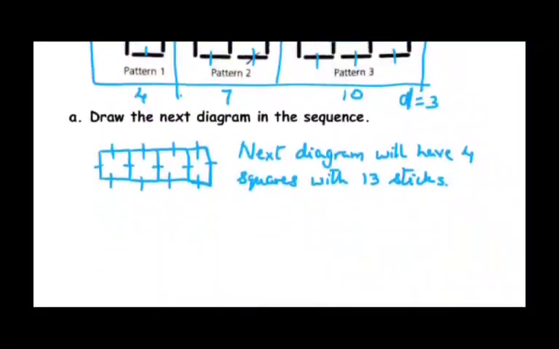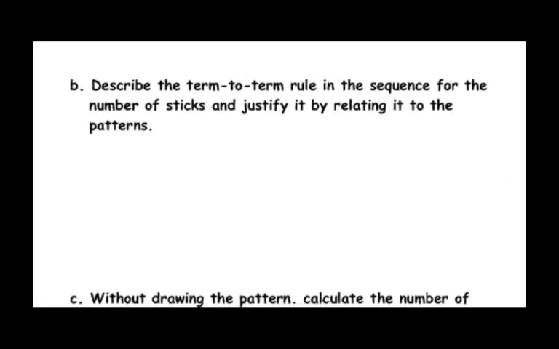All right. Describe the term to term rule in the sequence for the number of sticks and justify it by relating it to the pattern. So yes, we've got a term to term rule, children. So what's our term to term rule? A term to term rule is add 3.